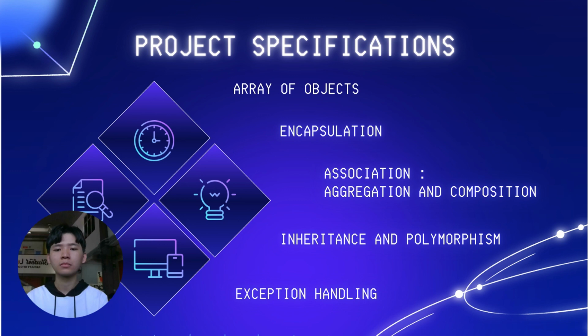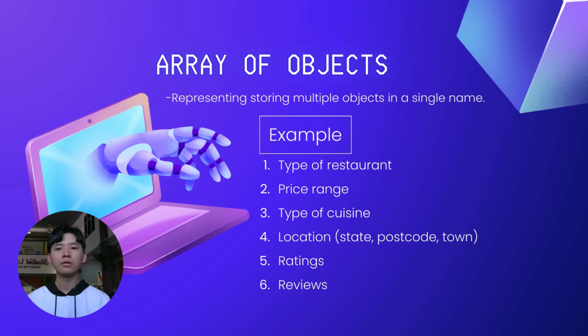For the project specification, we have used the array of objects, encapsulation, association, aggregation, and composition, inheritance and polymorphism, and also the exception handling. The array of objects is represented by storing multiple objects under a single name.